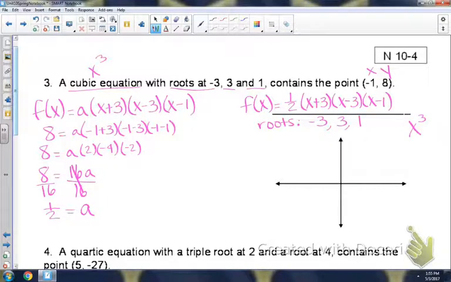The A was positive, so it should be increasing from left to right. So I have a root at -3, +1, and +3. So on the far left, I'm going to start below because it should be increasing from left to right. I'm going straight through each one because I don't have a double or triple root.